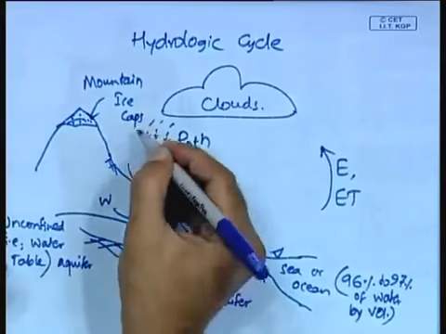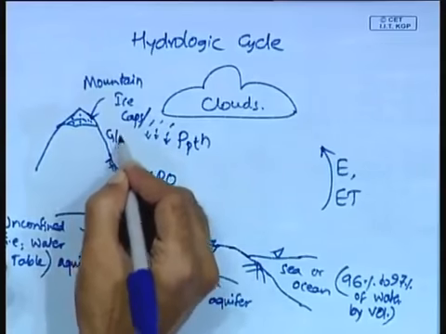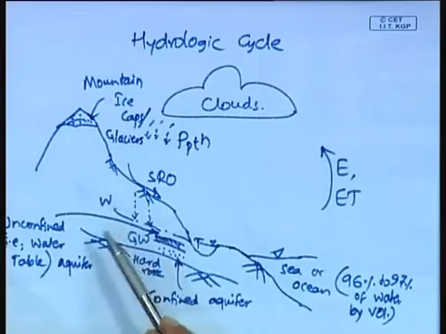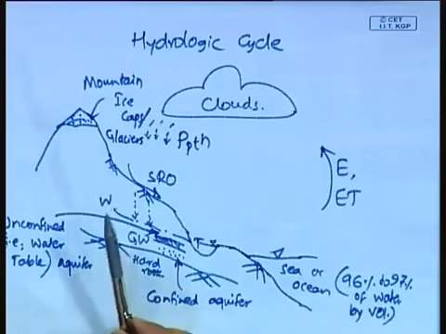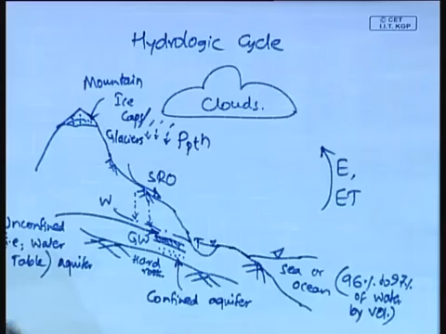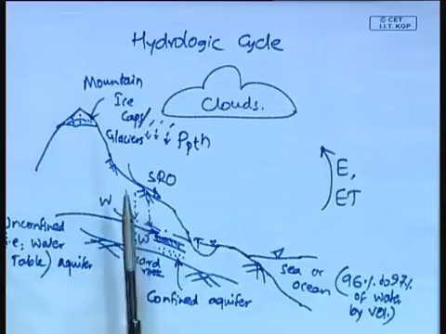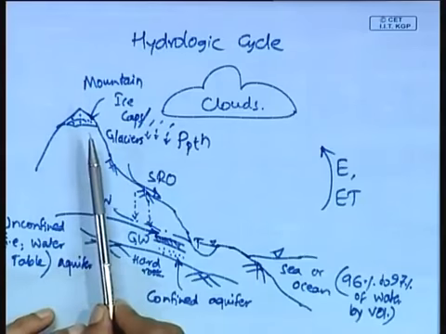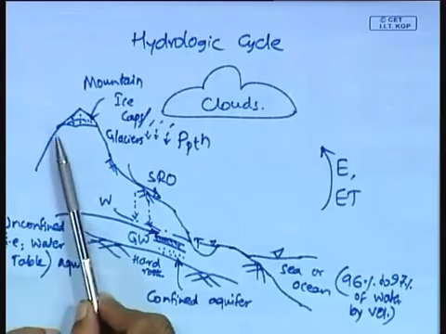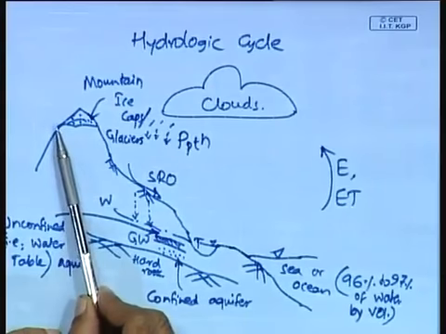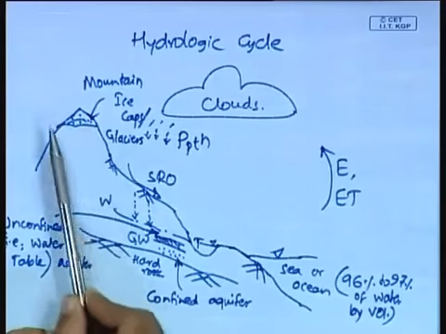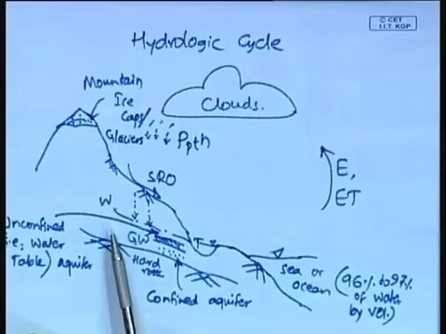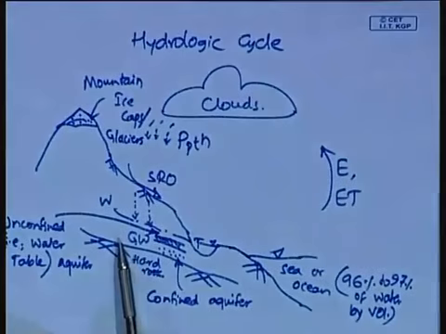Therefore it is extremely important to see that the water which has melted because of climate change and the global warming effect is stored in the form of groundwater.